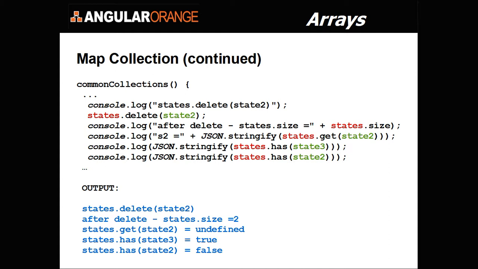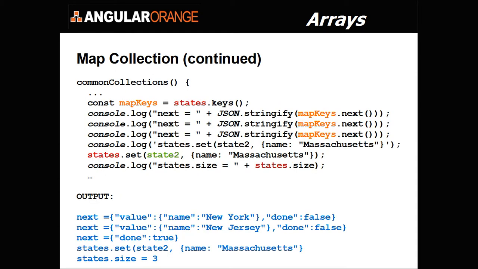And then I could do logic and say, does the states map have a state 3 key and it's true? Does the states map have a state 2 key and it's false? Okay, and then you could do more sophisticated things. You could have the map and go get the keys, and you could iterate through the keys.